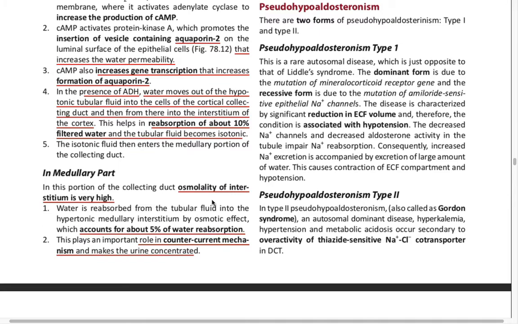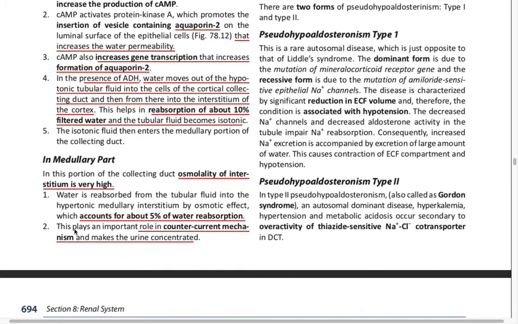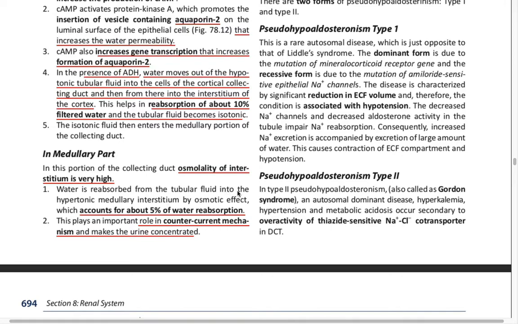Here, the osmolality of the interstitium is very high. Water is reabsorbed from the tubular fluid into the hypertonic medullary interstitium by the osmotic effect, which accounts for 5% of the water reabsorption. This plays an important role in the countercurrent mechanism and makes the urine concentrated.